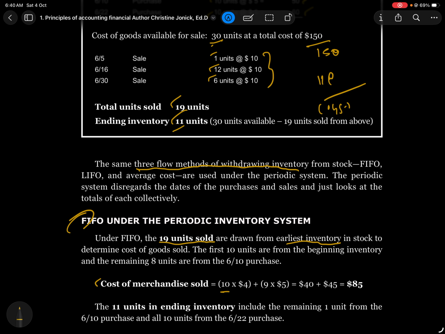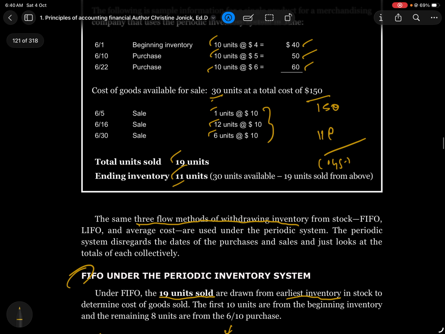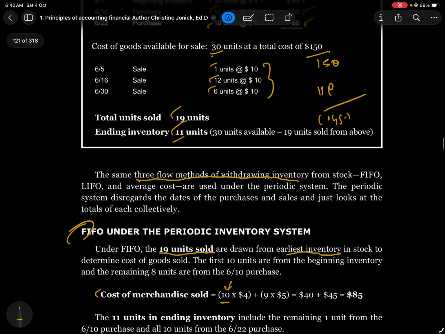So 10 units would be withdrawn from this first, $4. Next 9 units would be from $5, right? And the remaining quantity is what, 8 units, right? We had 19 units available for sale, so we have sold 19 units.